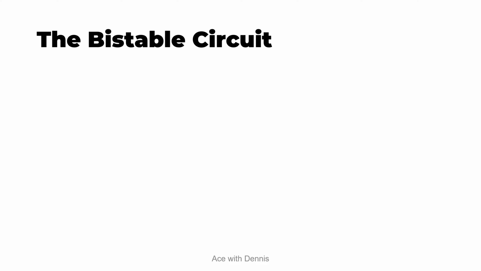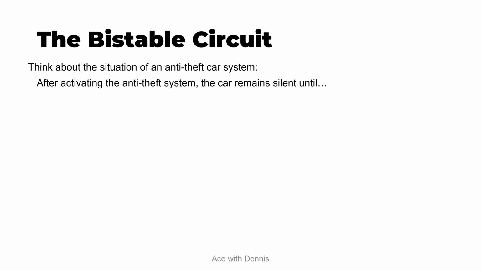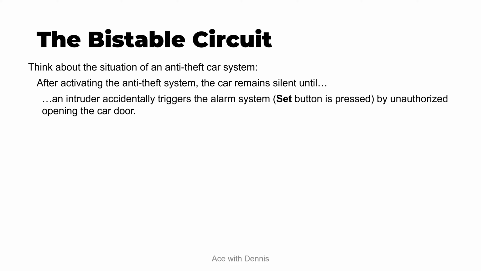Now, let's discuss the bistable circuits. Think about the situation of an anti-theft car system. After activating the anti-theft system, the car remains silent until an intruder accidentally triggers the alarm system, which means the set button is pressed by unauthorized opening of the car door.